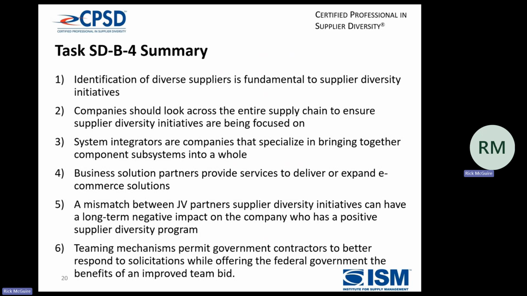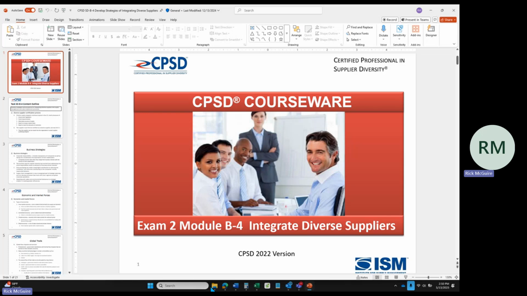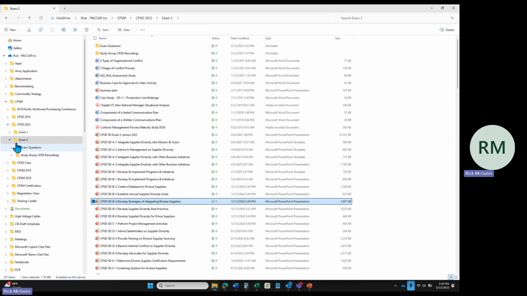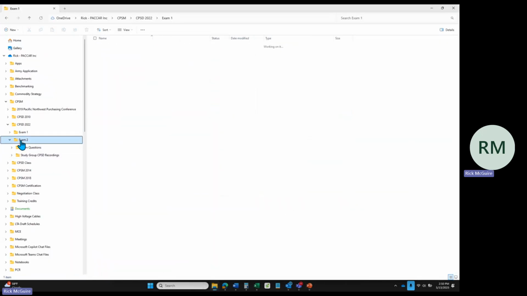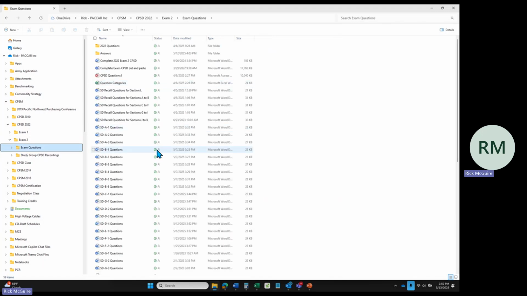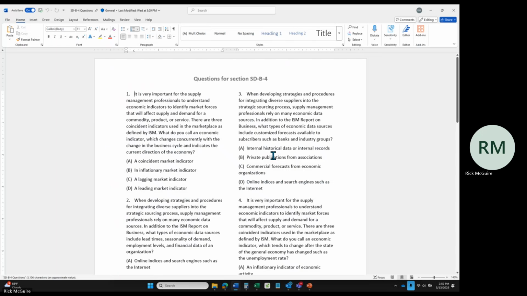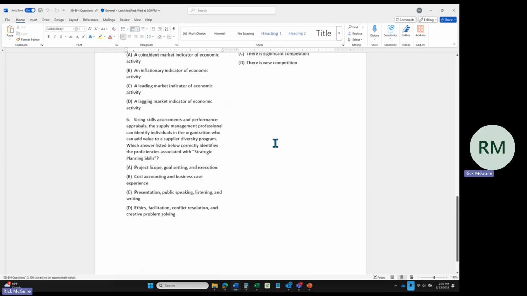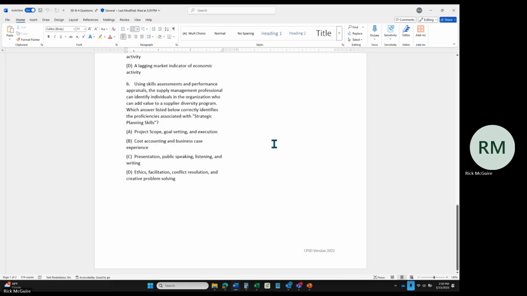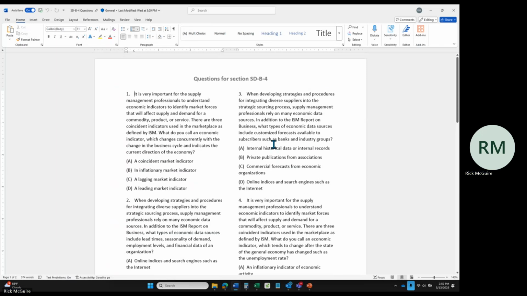positive supplier diversity program. Teaming mechanisms permit government contractors to better respond to solicitations while offering the federal government the benefits of an improved team bid. All right, that's that. Let's go get some questions for B4 here. Oh, exam questions. B4. All right, we have got, well, 7 questions.